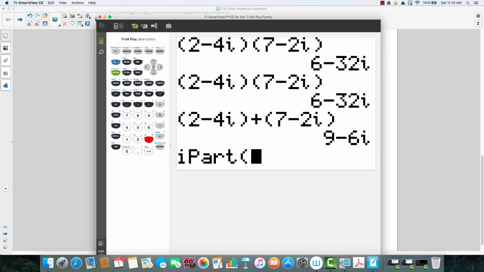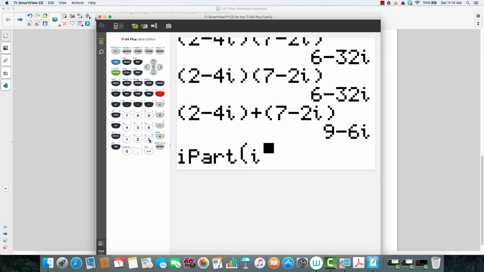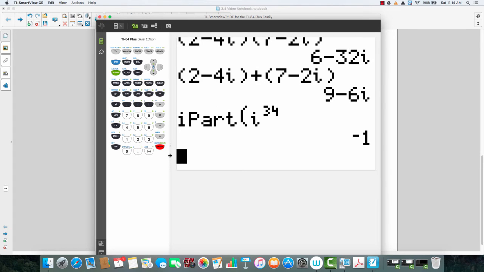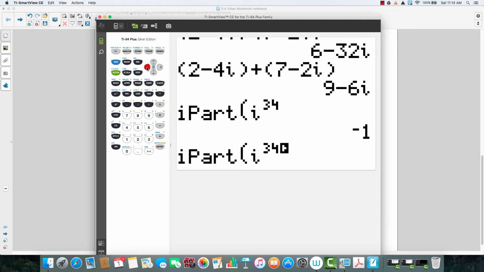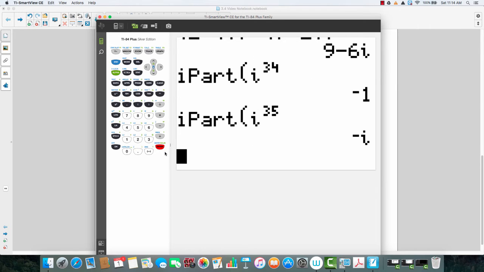So watch, i to the 34th. i is the decimal, caret 34. Hit enter, boom, -1. What's i to the 35th? If we know our little wheel, we know it's supposed to be -i. Pretty cool. This will do anything.